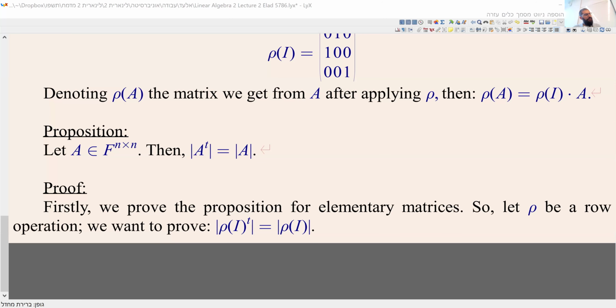We have three different types of row operation, so we'll deal with every case separately. First of all, let's say we have the switching between rows.